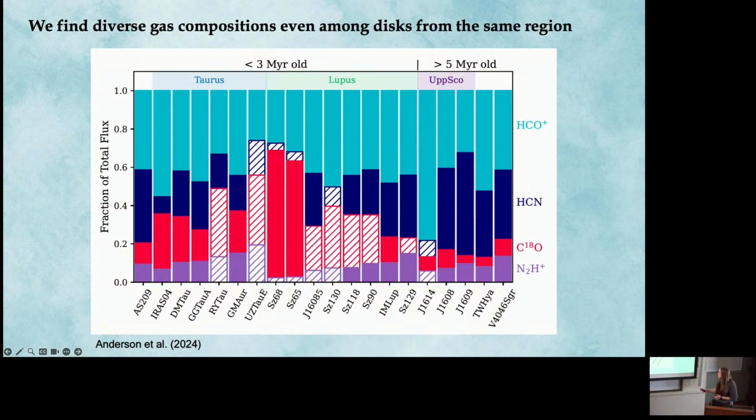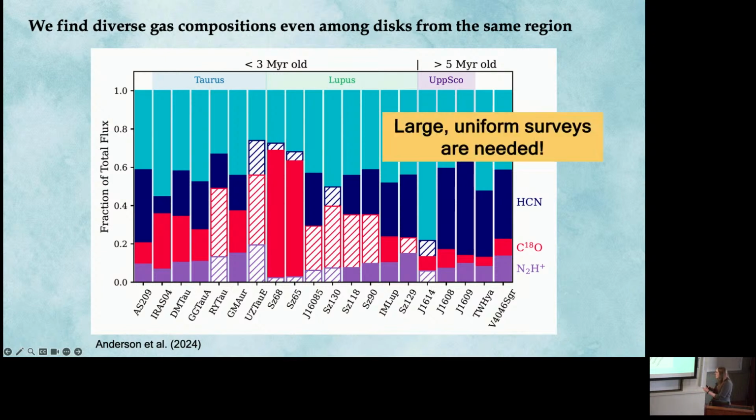And then at the other extreme, we have this disk here, which has no detection of C18O, but a high amount of N2H+, similar to the ratio that we see in some of the older disks. So we find a diversity of chemical compositions even within the same star-forming region, which we expect to have formed in a similar environment and be of a similar age.